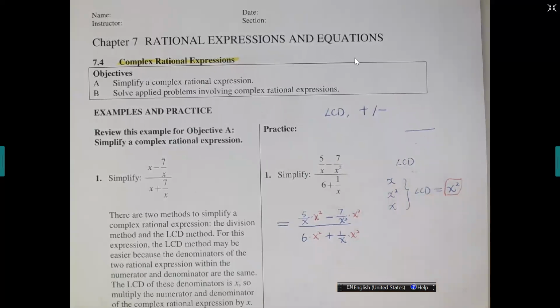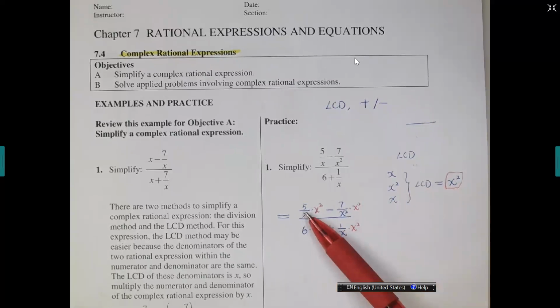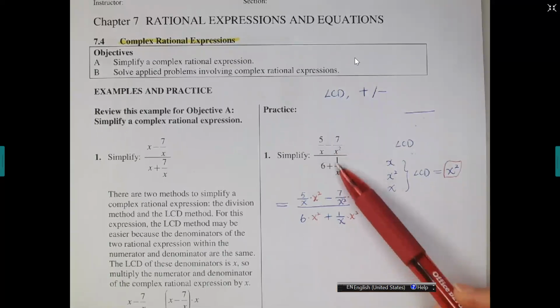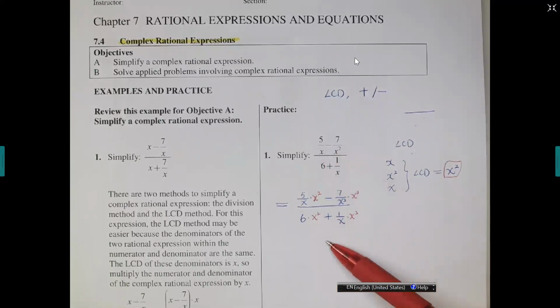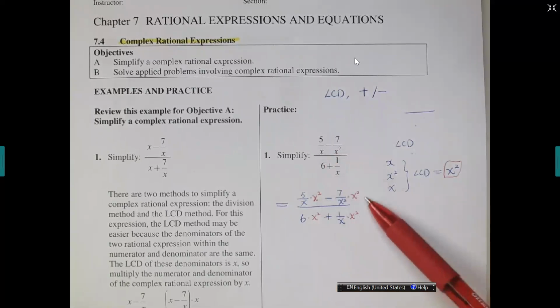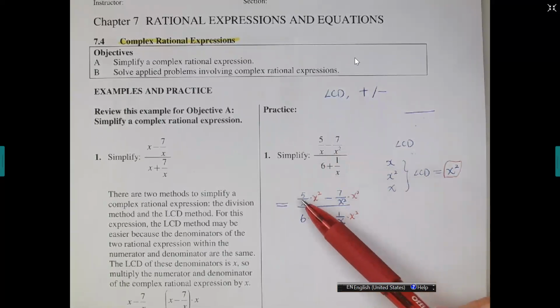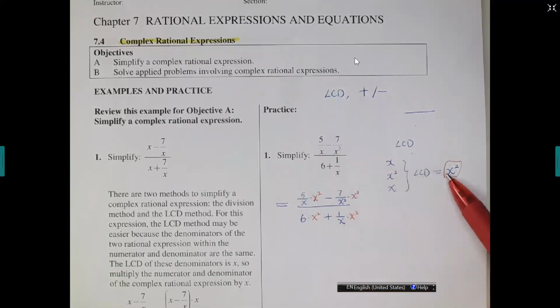See what I just did? The blue pen represents the original rational expression. And the red pen represents what I just did. I multiplied every single term by that LCD.